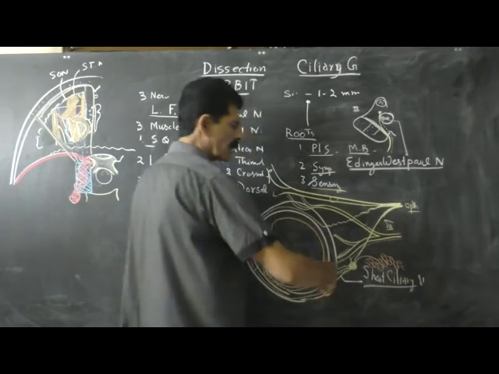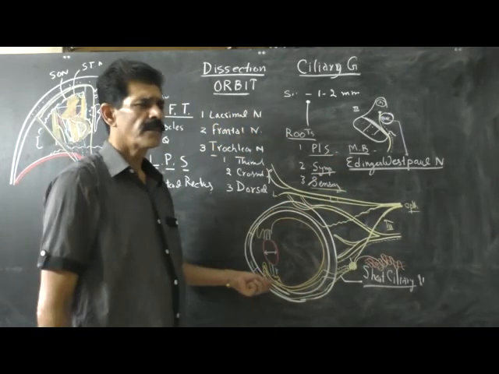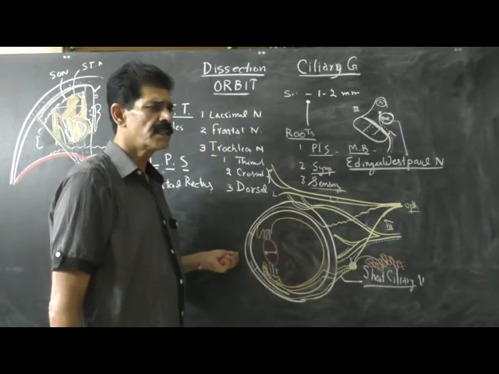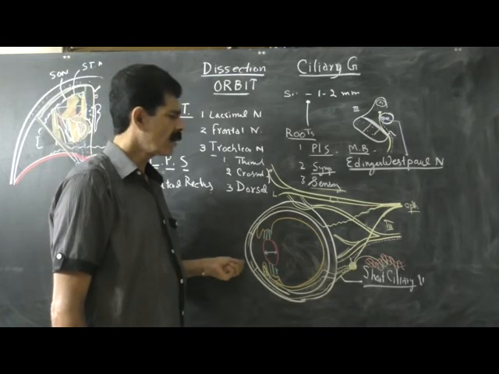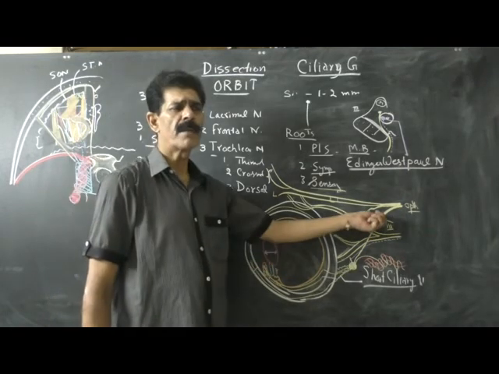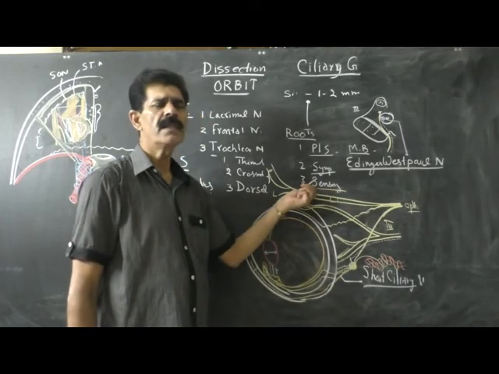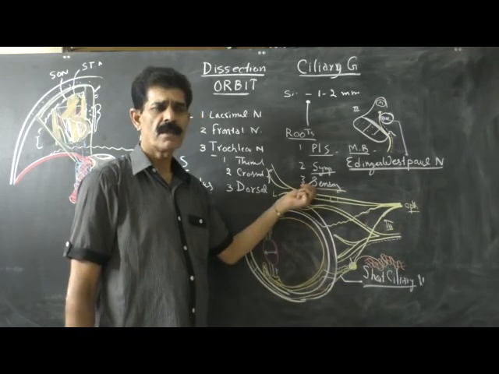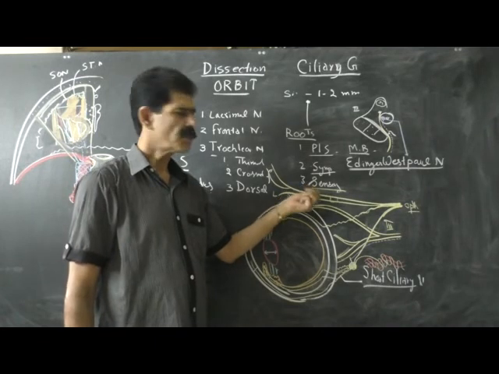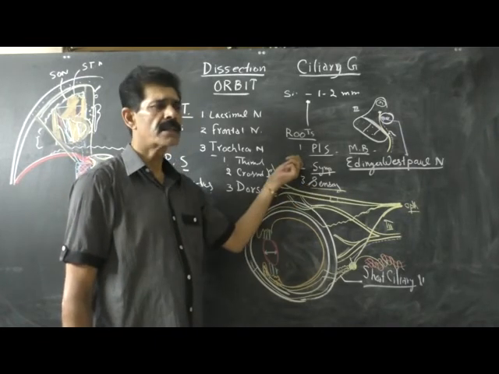So this is the alternative pathway. The sensations from the cornea reach the ophthalmic division. So that's why the ciliary ganglion is also said to have a sensory root, but only sometimes. So this is all about the small ganglion, that is the ciliary.